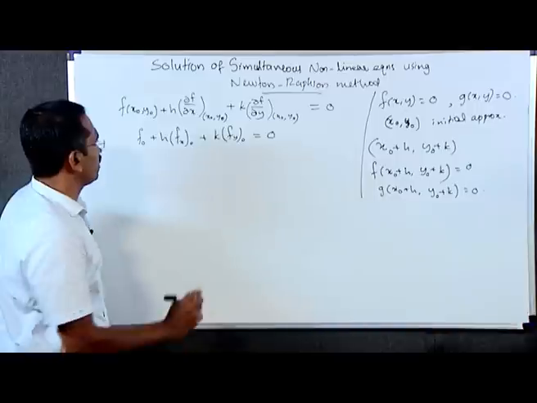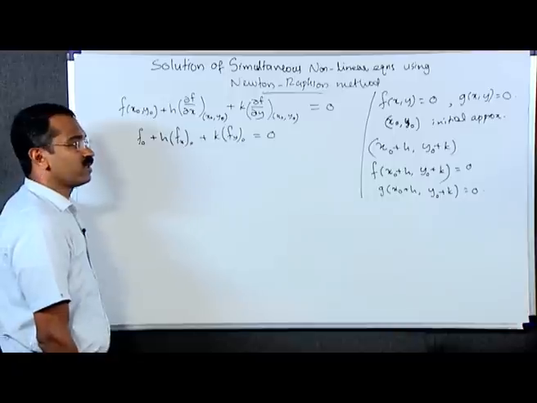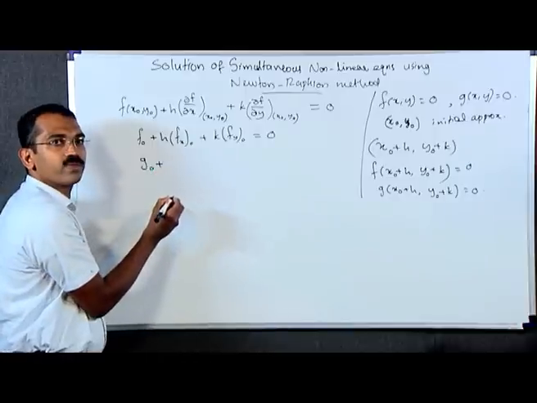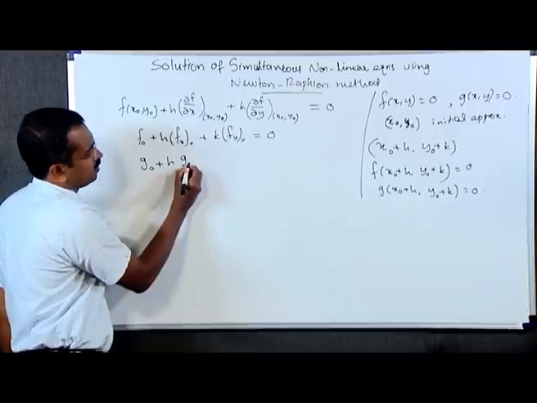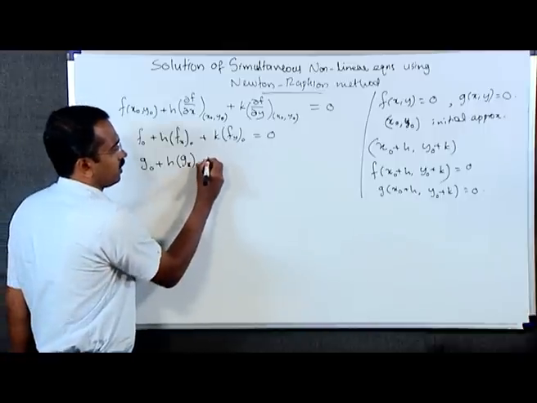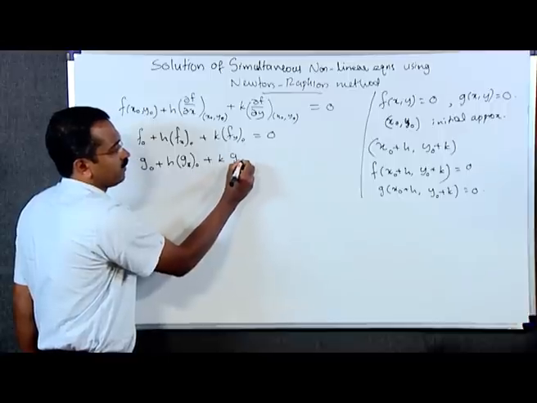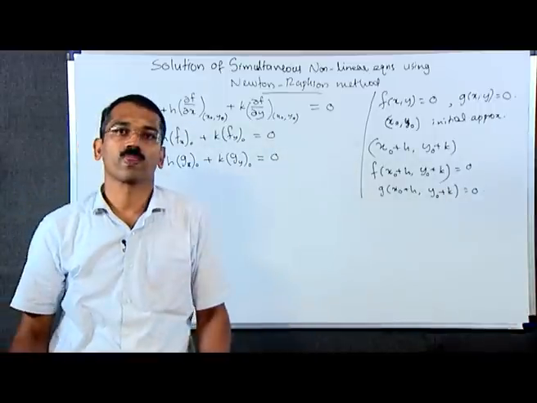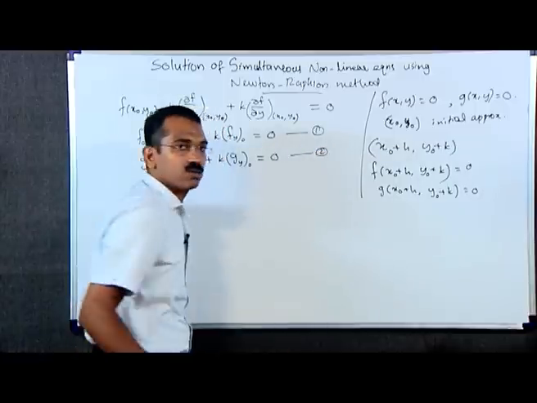Similarly, we can write for g using Taylor's theorem: g0 plus h into gx, that is ∂g/∂x at (x0, y0), plus k into gy, that is ∂g/∂y at (x0, y0), which is equal to 0. Let it be equation number 1 and this be equation number 2.